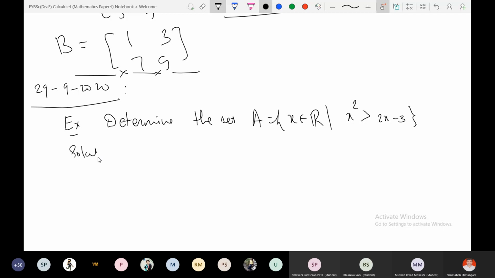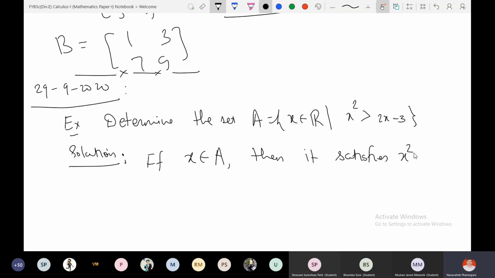So that means you want to determine all the real numbers that satisfy this inequality. If a real number is in A, then it satisfies this inequality: x square is greater than 2x minus 3, right?